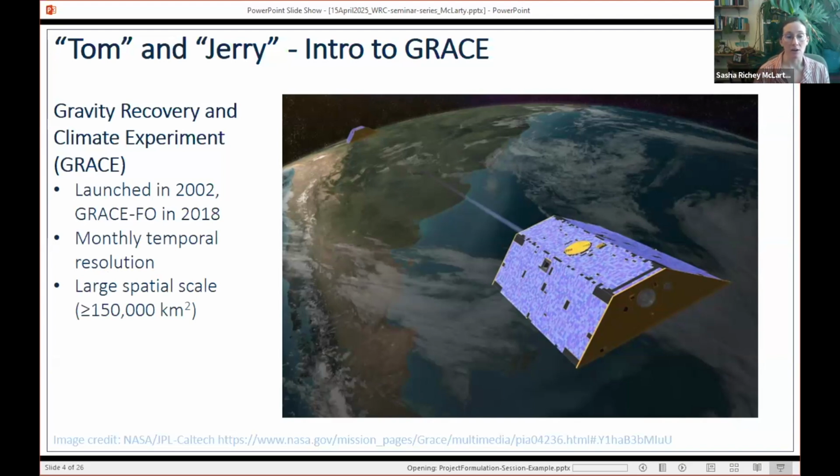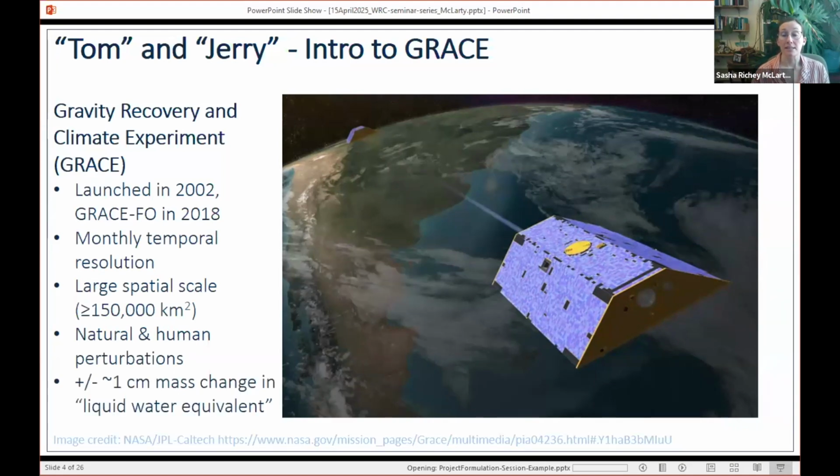And at these large spatial scales, we'll get back to that, GRACE is able to detect changes in water mass of plus or minus about 1 centimeter spread across that entire area. So if you have an addition or subtraction of 1 centimeter of what we call liquid water equivalent over these large spatial scales, then GRACE is able to detect that change in water mass.